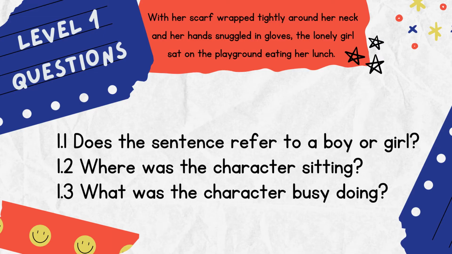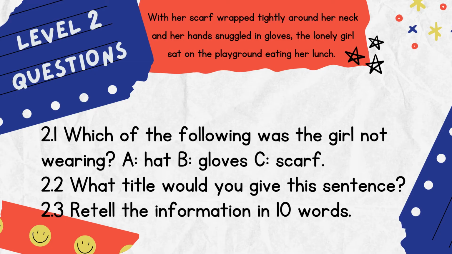Question 1. Does the sentence refer to a boy or a girl? It refers to a girl. Where was the character sitting? According to the text, she was sitting on the playground. What was the character busy doing? She was busy eating her lunch.